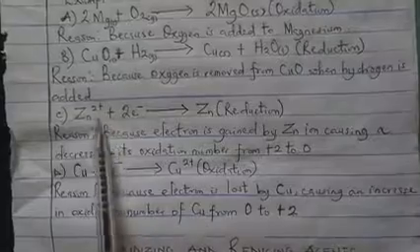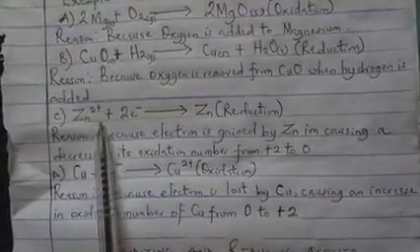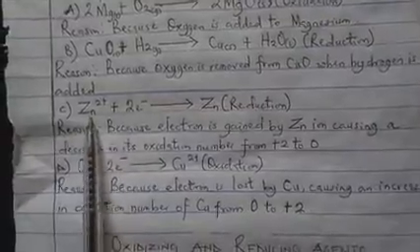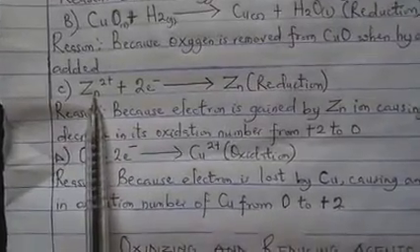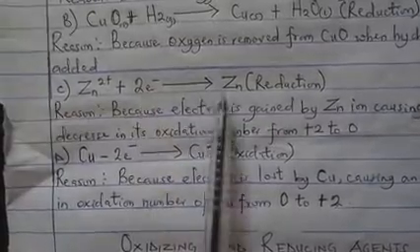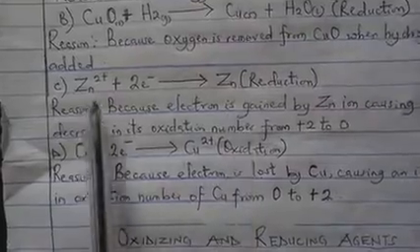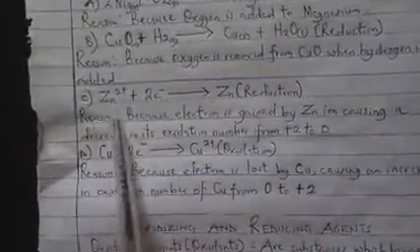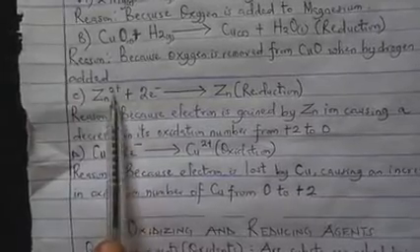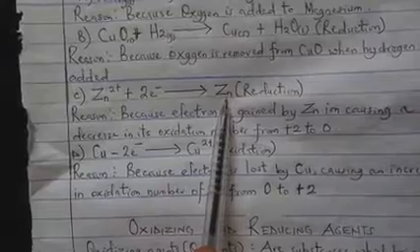Let's go to the loss of electron and the gain of electron. That is according to the definition. Look at this zinc 2+, zinc ion. It has gained 2 electrons to give us zinc. In this equation, zinc goes from 2+ to an element in its free state.